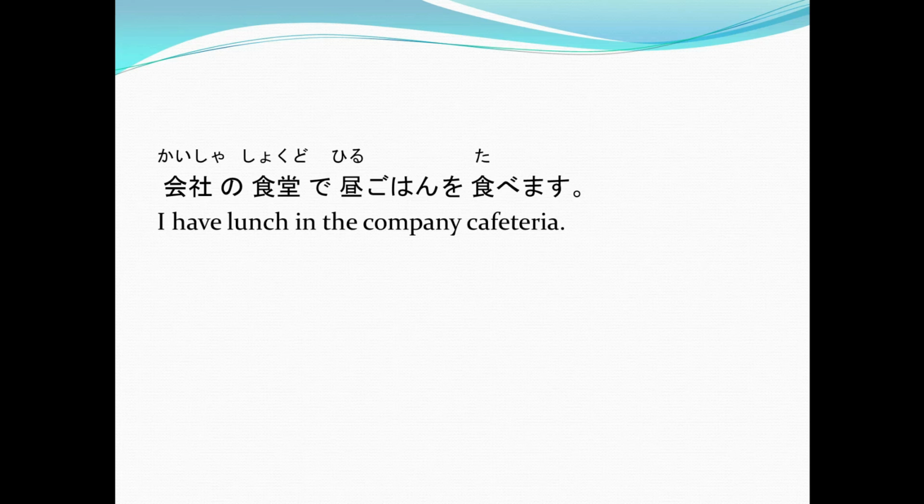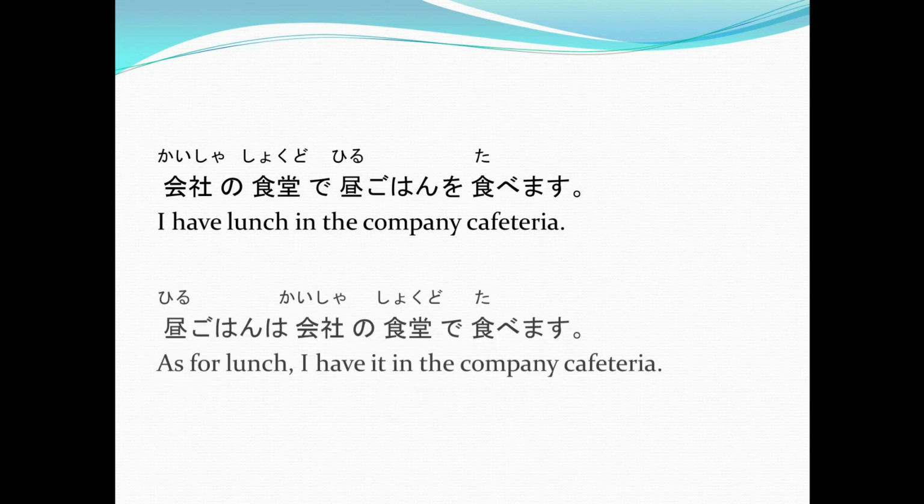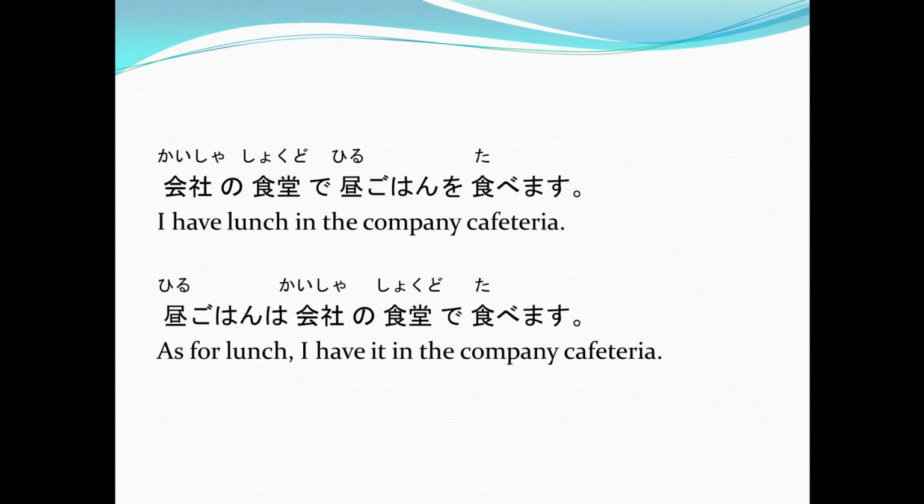And there's another way of constructing it, if you want your lunch, your hirugohan, as the topic of your sentence or your conversation, you could construct it like this. Hirugohan wa kaisha no shokudo de tabemasu. As for lunch, I have it in the company cafeteria. See the difference?